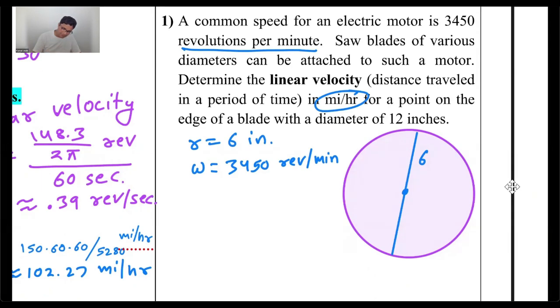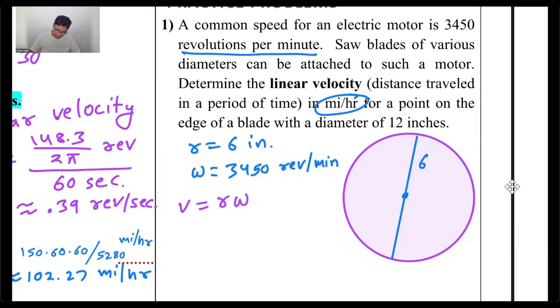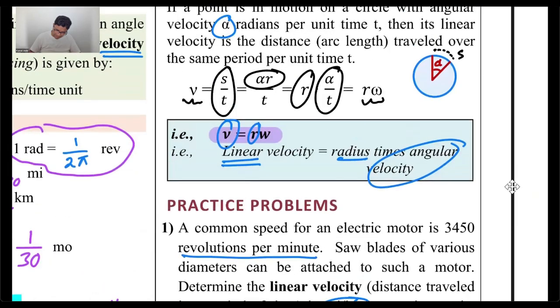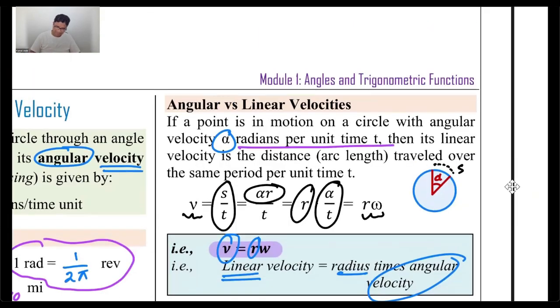Let's do it one by one. First of all, the first step is linear velocity v is r omega, when the angular velocity is given in radians per unit time.